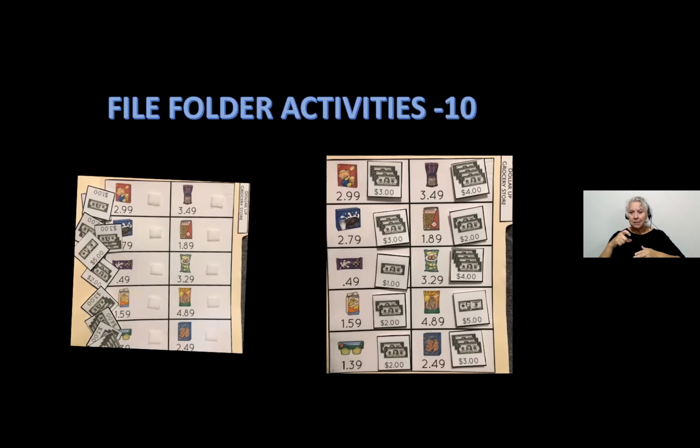And so the way I utilize this with my older students is, maybe we're working on how to go make a purchase at the grocery store and you have $20.